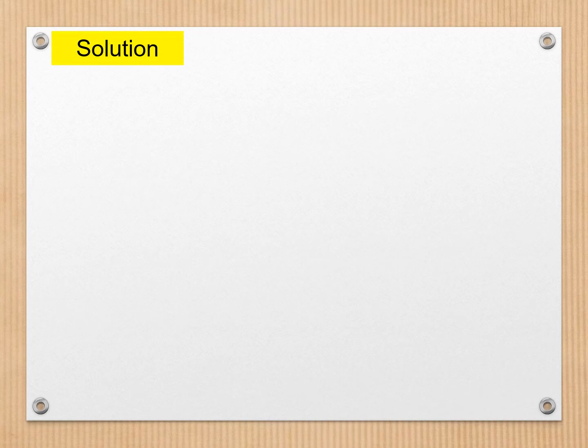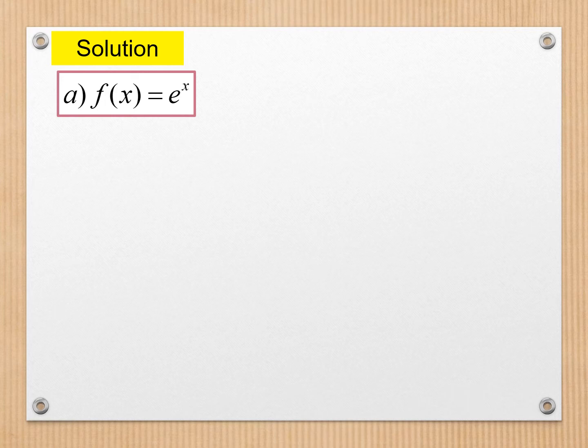Let's look at the solution for A, f(x) equals e to the power of x. Since a is equal to e, and e can be calculated by calculator, the value of e is around 2.7 something. So a is more than 1. So this type of f(x) is f(x) equals a to the power of x for a more than 1.